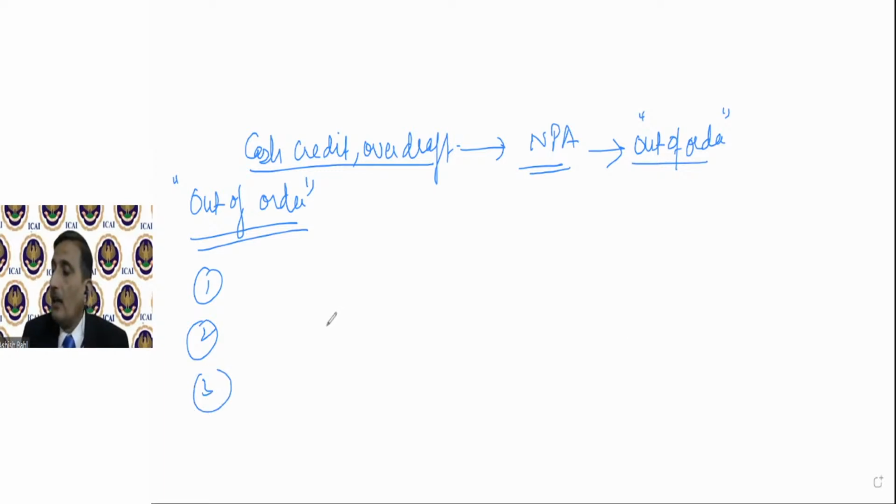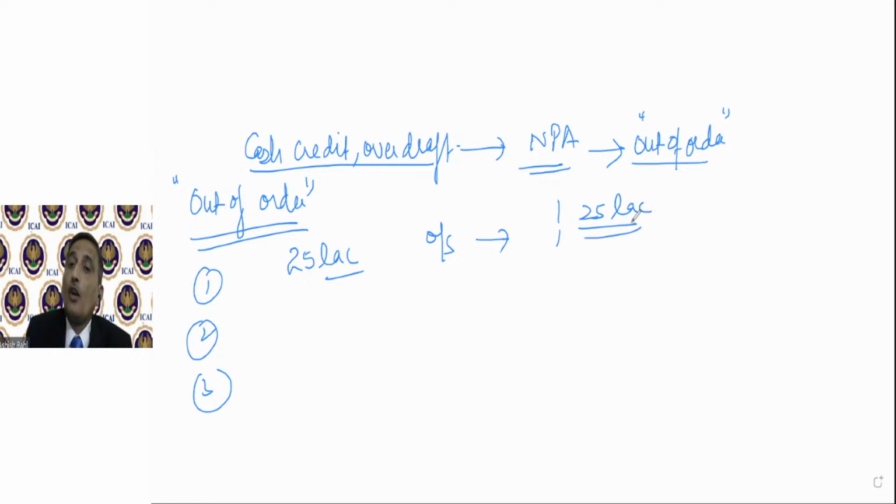If the outstanding balance remains continuously in excess of sanction limit or drawing power for 90 days. Say the sanction limit of a trader is 25 lakhs and the outstanding balance is continuously in excess of 25 lakhs for 90 days, then the account becomes out of order.